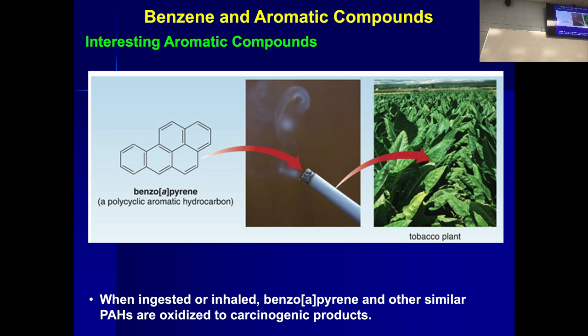This is called a polycyclic aromatic hydrocarbon. It's got more than one ring, if you will. That's where the polycyclic comes from. This comes from tobacco. When you burn it, you make benzopyrene, and it is a very carcinogenic product. If you ingest enough of this over your lifetime, you will get cancer.